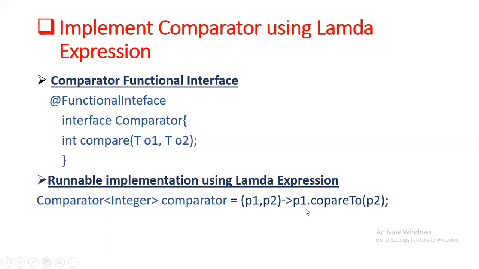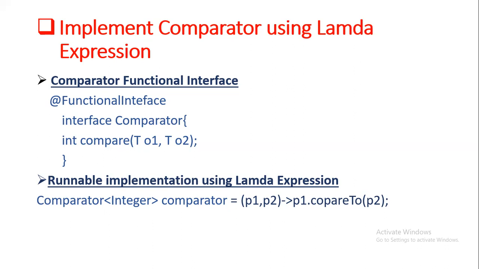So everything is okay, but why p1.compareTo(p2)? All wrapper classes implement Comparable by default. That logic is already implemented in all wrapper classes, so just by using the compareTo method we can achieve that logic. Why write it again in our code? We'll discuss it in the code.